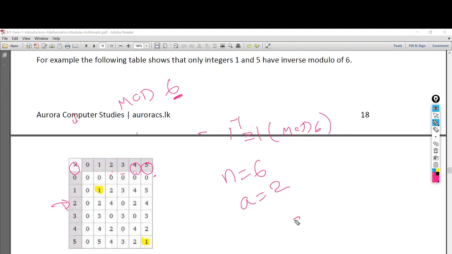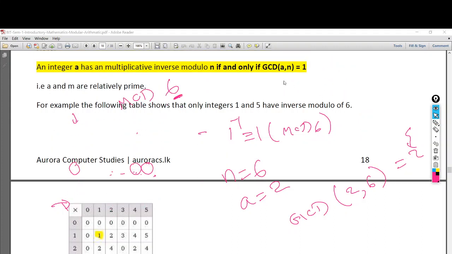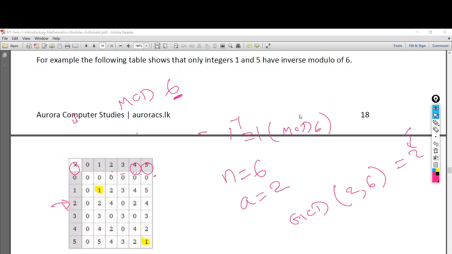What is the GCD of a and n, 2 and 6? GCD of 2 and 6 is 2, which is obviously not 1. So this property says you have an inverse only if it is 1. Obviously in this case it is not 1, therefore 2 doesn't have an inverse in mod 6.